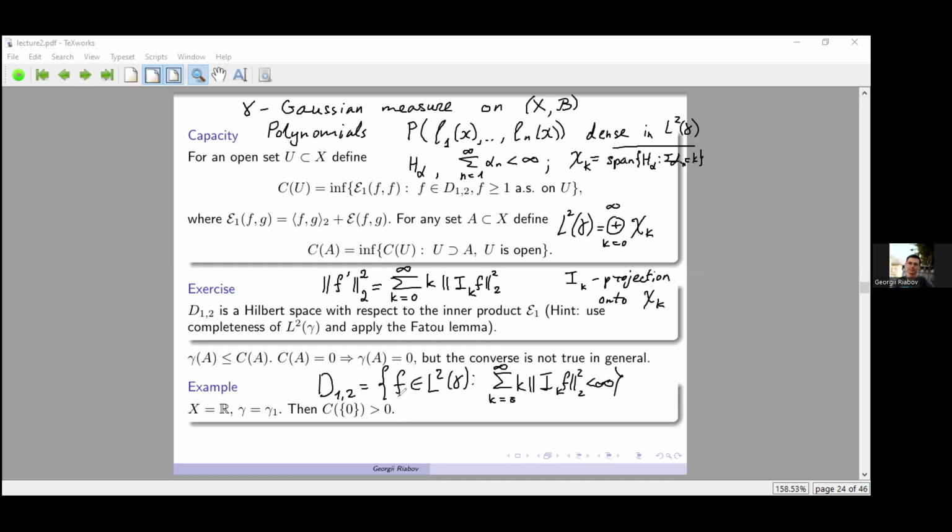And for functions from this space, we can define some kind of an inner product, E(f, g), as one half the sum over k of k times the inner product of Ik f and Ik g.